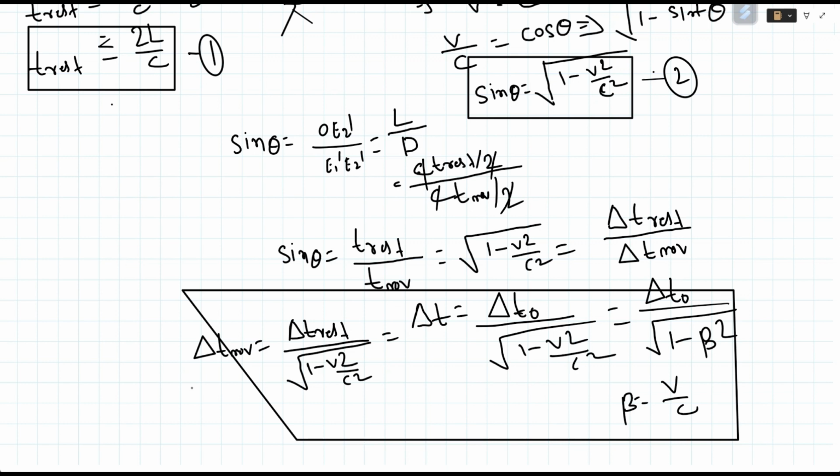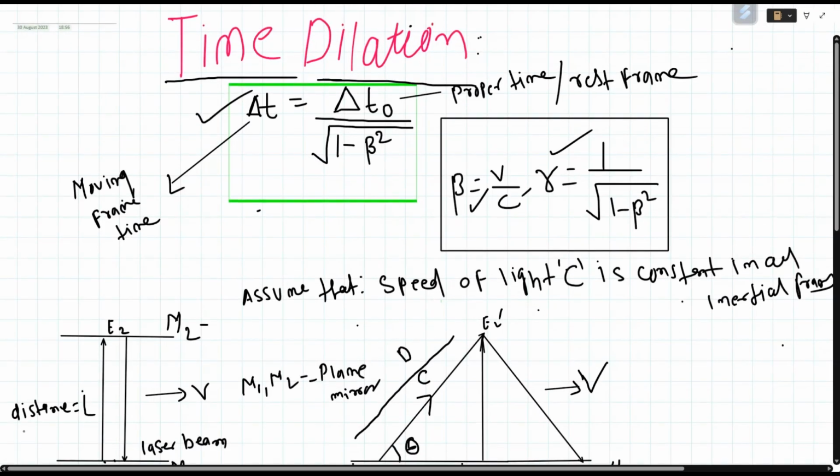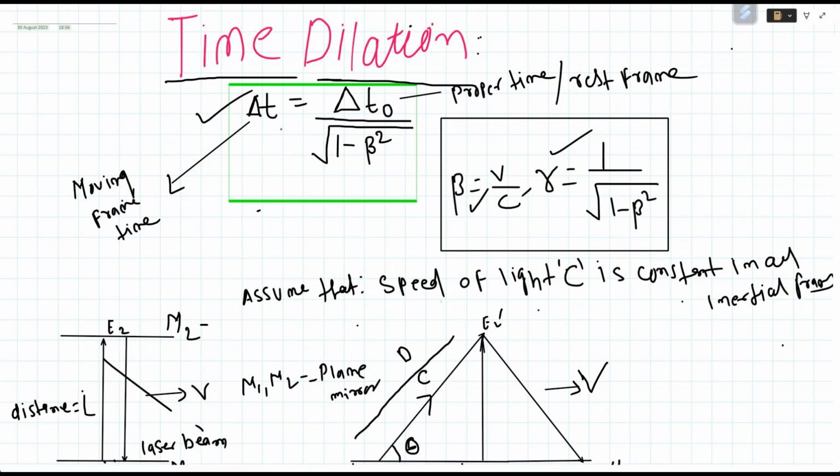If you look at this equation, you can see that beta is v by c, so it is always less than 1. So delta t is greater than delta t naught.